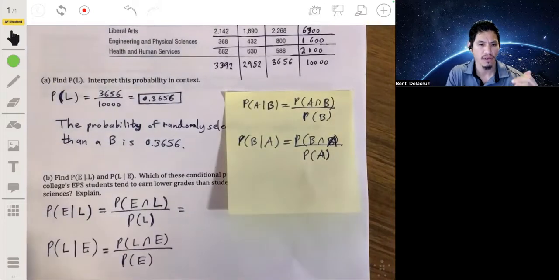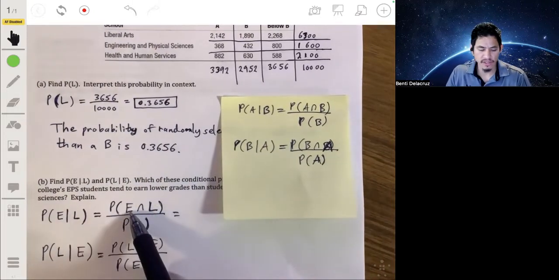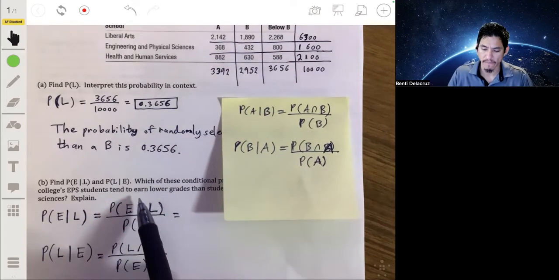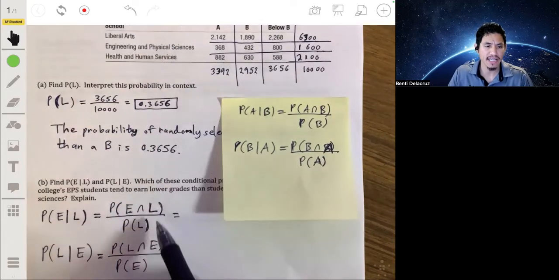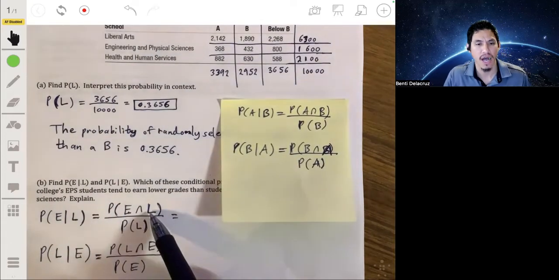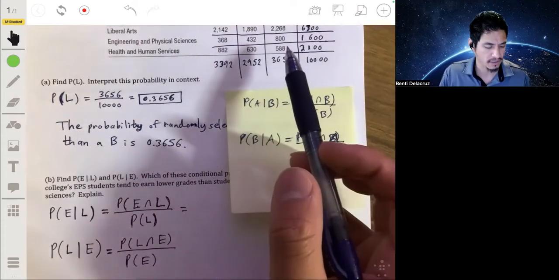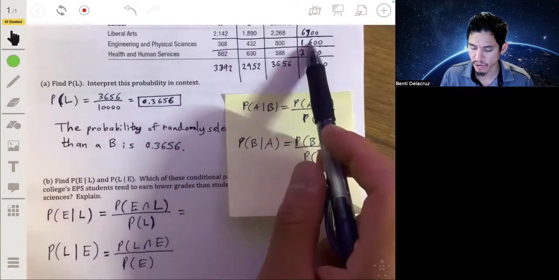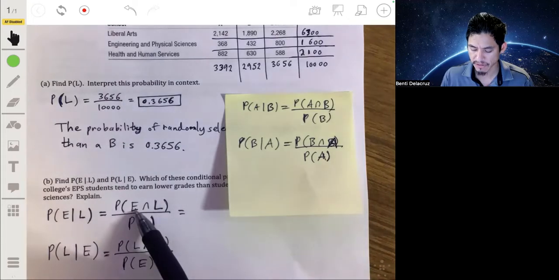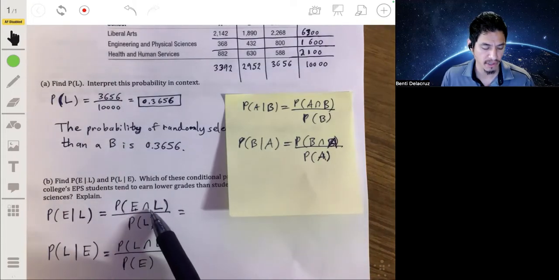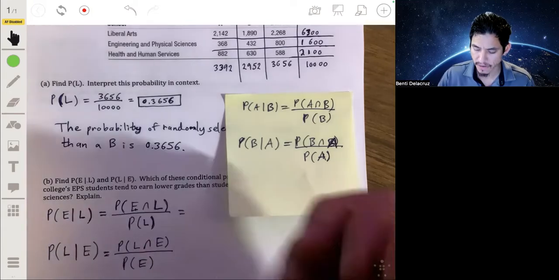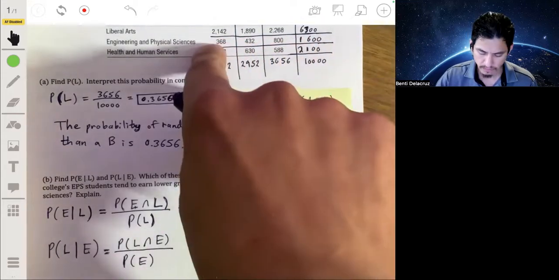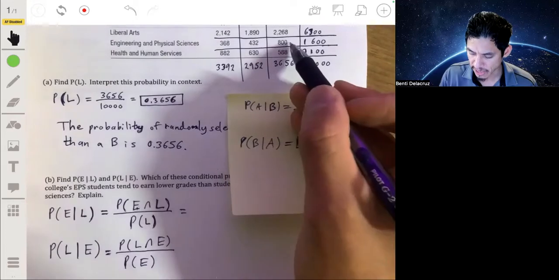Okay, so working through this, we're looking at the probability of being in an engineering and physical sciences college and getting a grade lower than a B. So we look at what we got over here. How many students in this row have grades lower than B? Because remember, they have to be in engineering, so we automatically know it's going to be in this row.